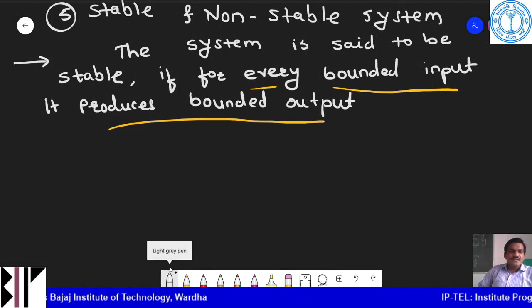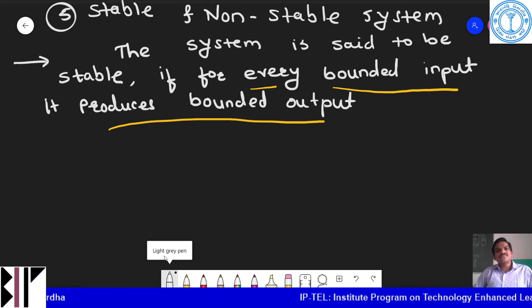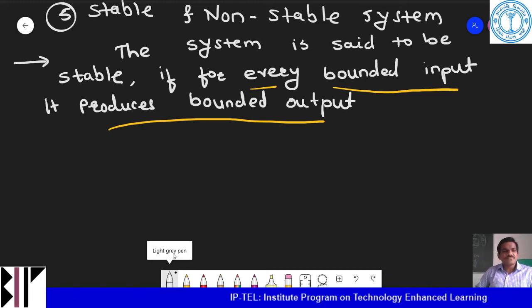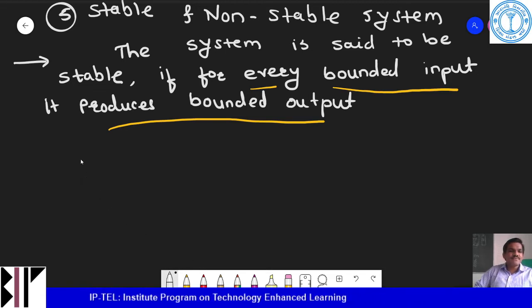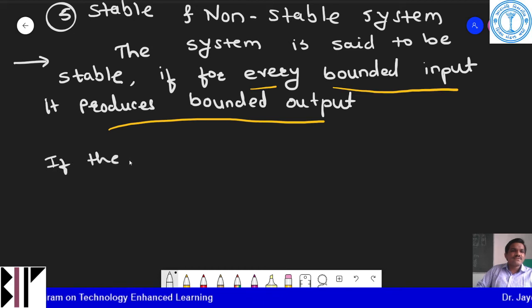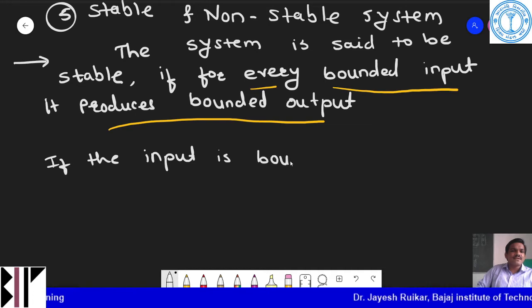So what does it mean that the input is bounded?